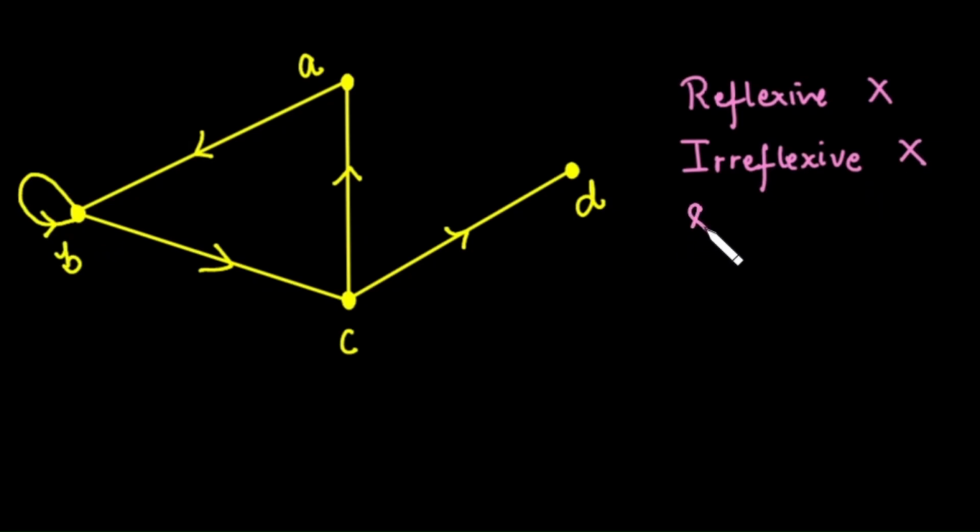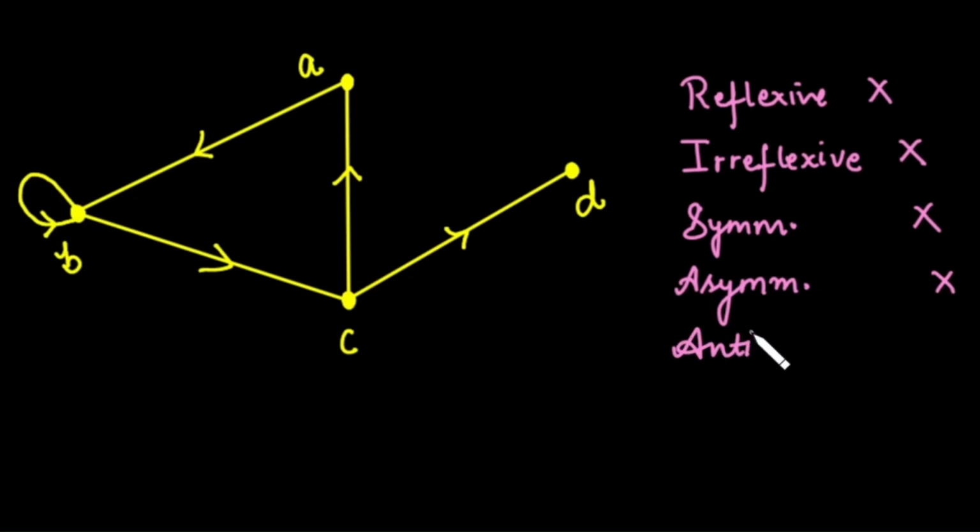Now is this a symmetric relation? No. Why not? Because if there is an edge from A to B, there must be an edge from B to A, and that is not there, even in the other cases as well. Is this asymmetric? No. Why not? Because there is a self loop, and self loops are not allowed in an asymmetric relation.